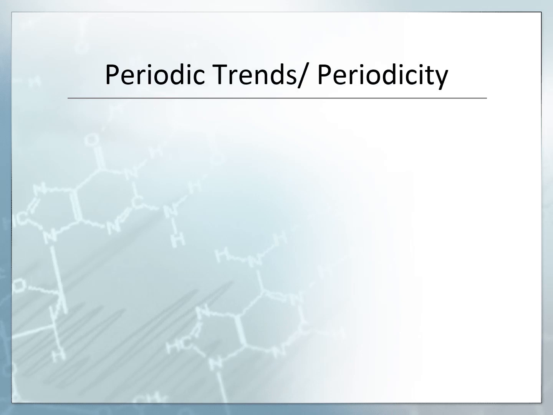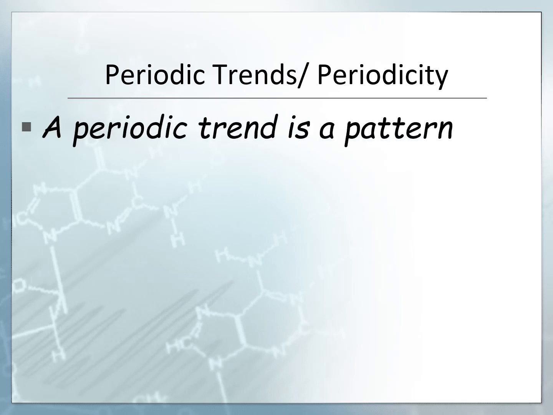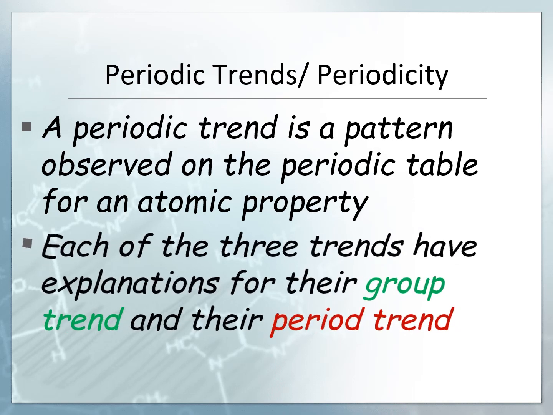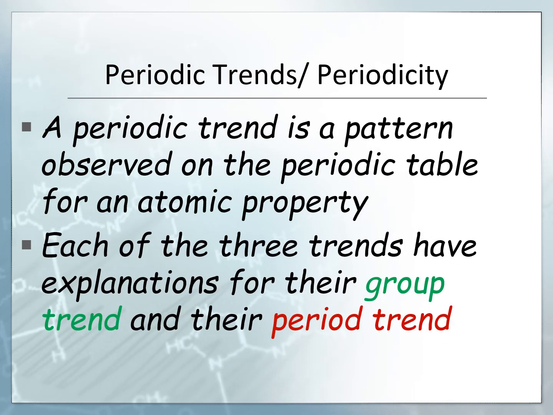Periodic trends, or periodicity. A periodic trend is a pattern observed on the periodic table for an atomic property. Each of the trends has an explanation for its group trend and its period trend.